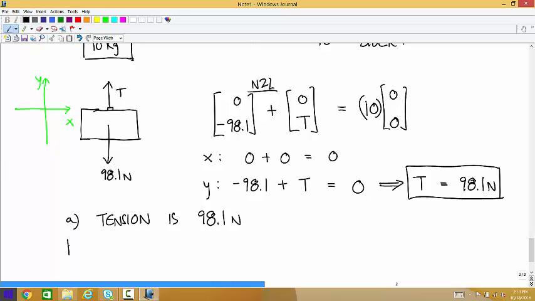So for B, this is the force applied by the cable.